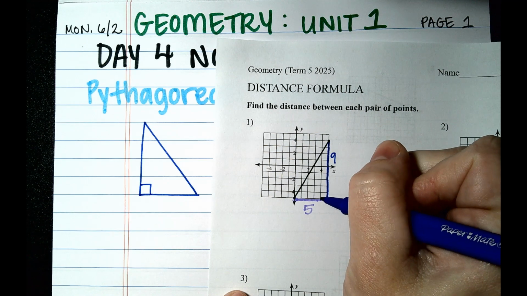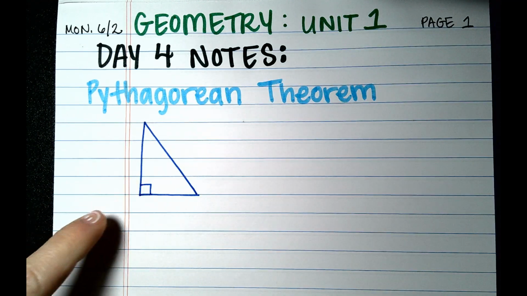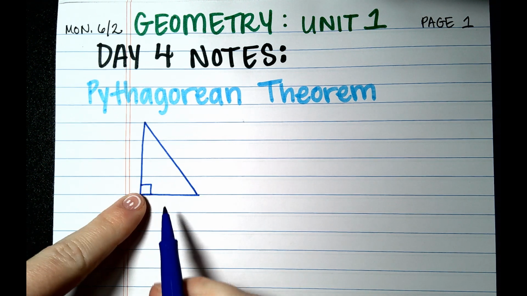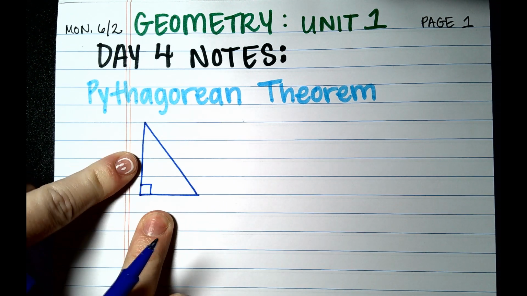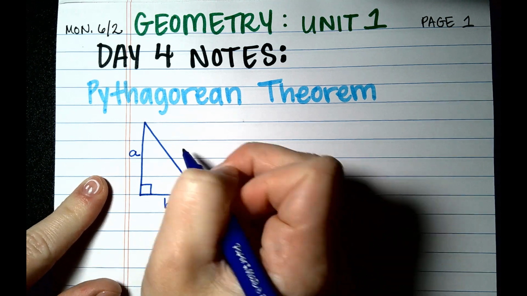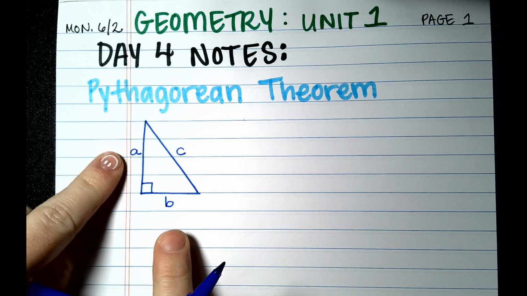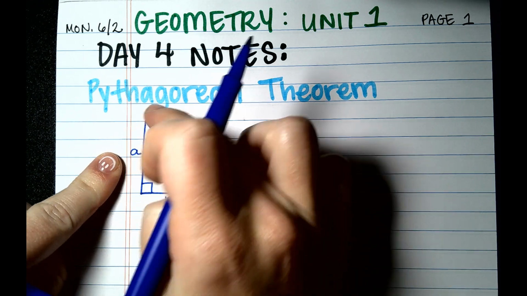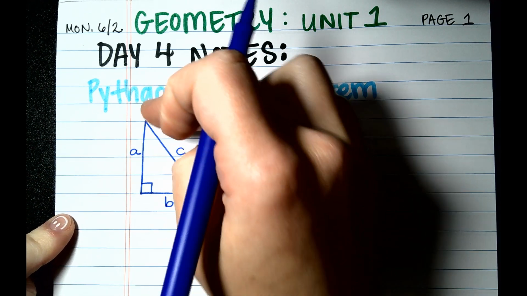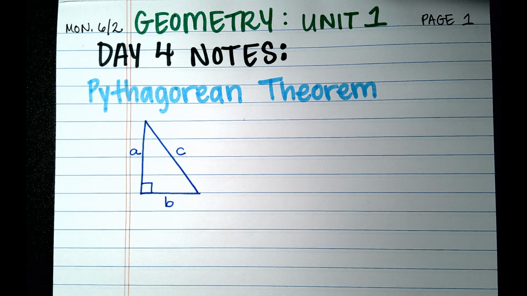See that? The box is right there. This is 90 degrees, so we can use it. The Pythagorean theorem says that we label these sides as A, B, and C. It doesn't matter which one is A or B, but C has to be the diagonal one. C cannot change.